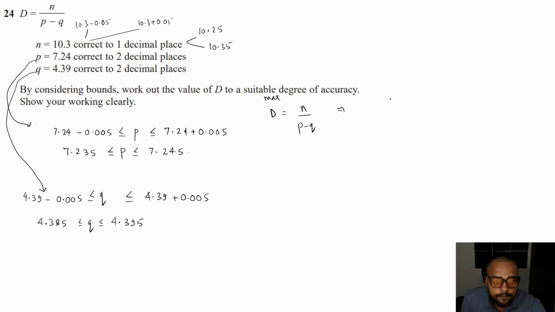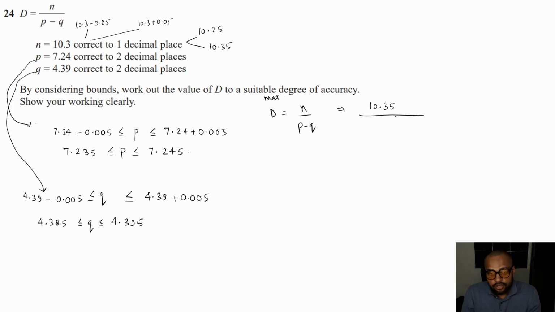For maximum, the numerator n should be maximum, that is 10.35. The denominator should be less, then only the maximum value of d is possible. So what should we insert for the values of p and q?